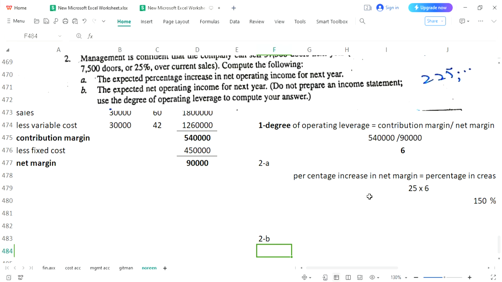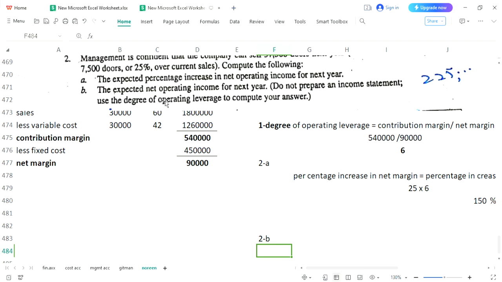You must have these sorts of formulas, these sorts of supporting statements, with which you do not need to calculate, you do not need to do clerical work. Instead, by taking these supporting statements into consideration, you can make your decision within a short period of time. So it means you are again not making your income statement. You can predict your net margin.